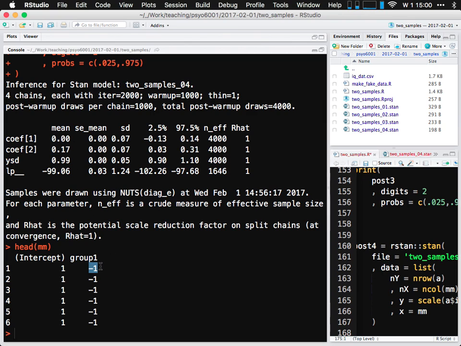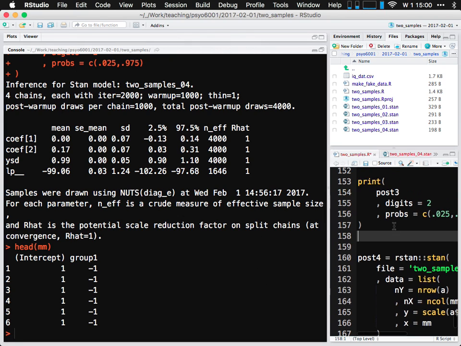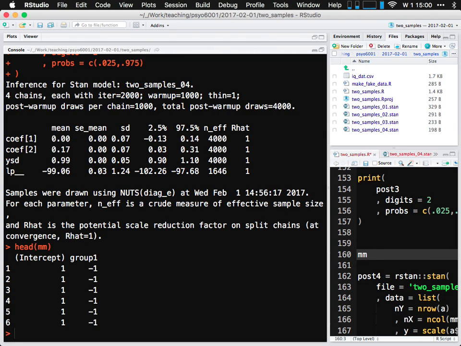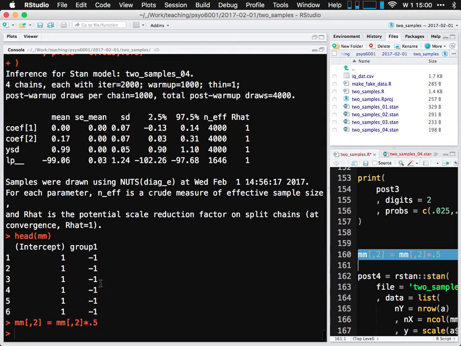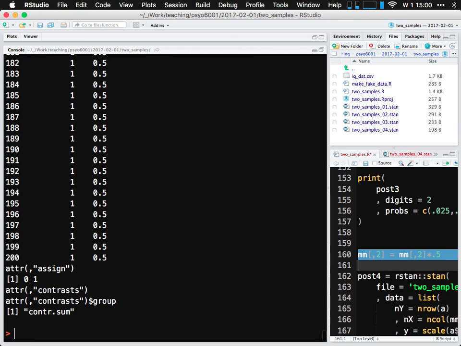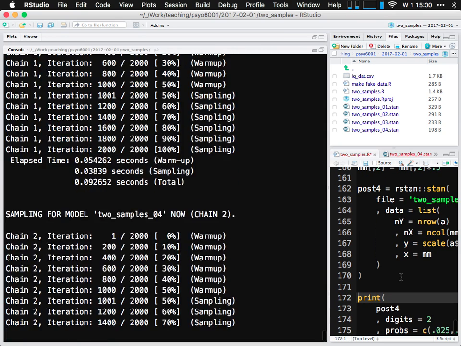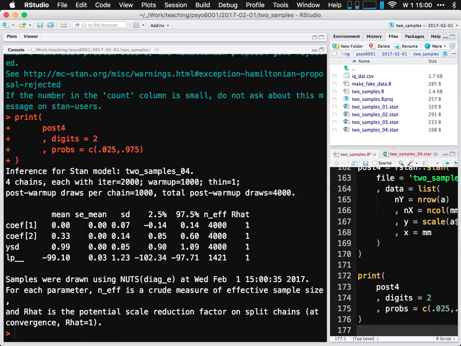I could say MM second column is the same as MM second column times 0.5. Now if I say head, whoops, MM is now going to be negative 0.5 and positive 0.5. In theory, if I run this, it'll now be back to what we actually had before.